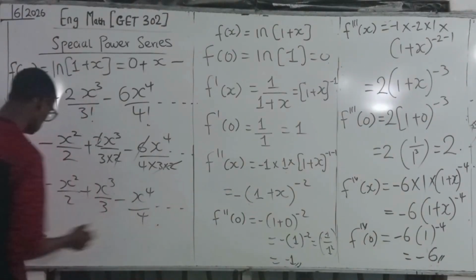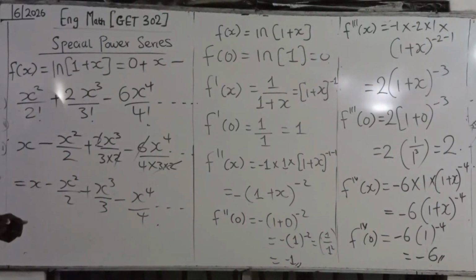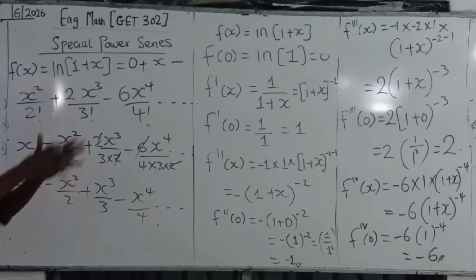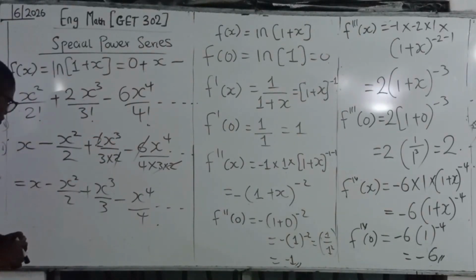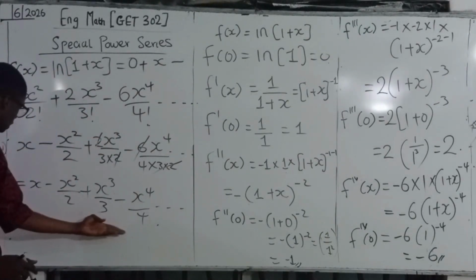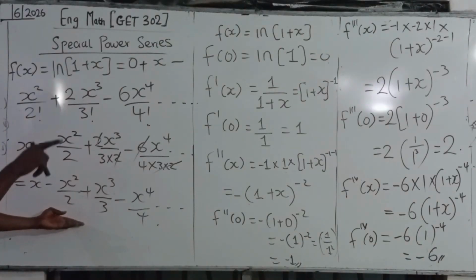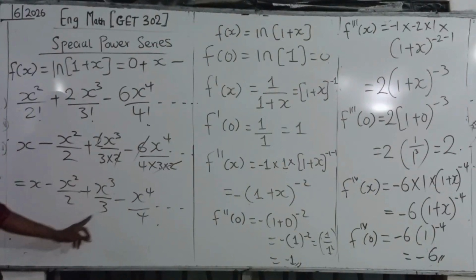So you observe that this coincides with other series like sine and the rest of them, like the exponential, that's exponential minus x. But the only difference is that the numerator does not have any factorial.